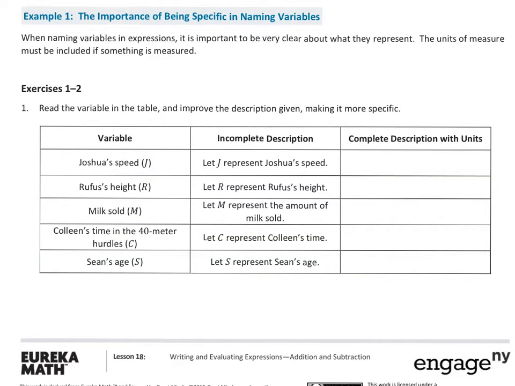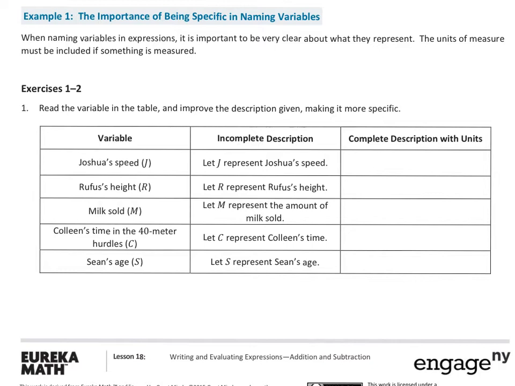So as it goes down, it's very important that we use units of measure to explain something. We need to know what it stands for, not just that J stands for his speed, but what are we measuring his speed in? Is that his speed in miles per hour? Is he driving? Is that his speed in meters per hour? Maybe he's running. What are we talking about?